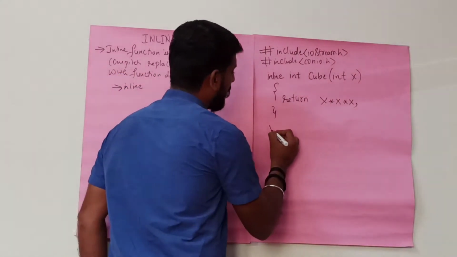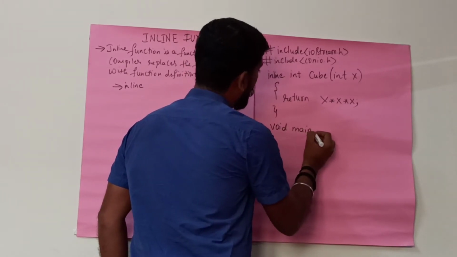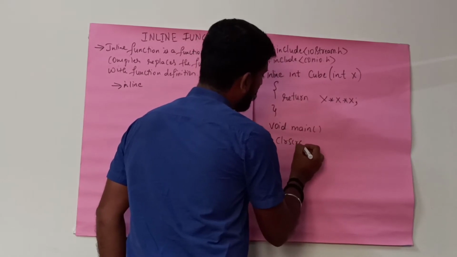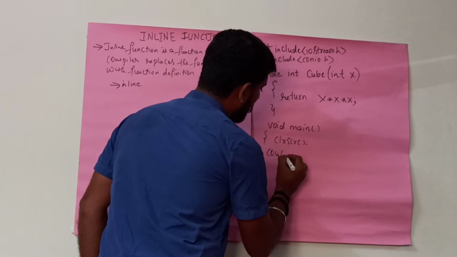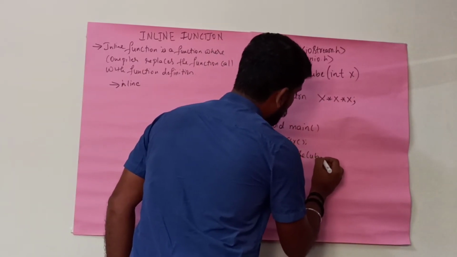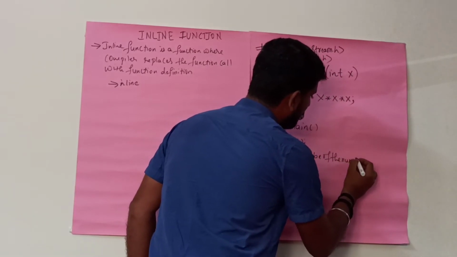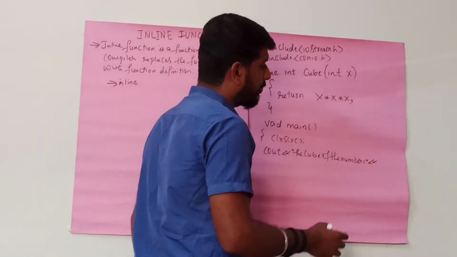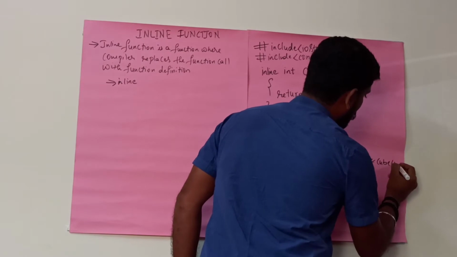Next I will go for the void main. Void main. Inside the void main I will go for clear screen. Okay. Next what I will do is cout, the cube of the number is equal to, and I will call the function cube of 5.